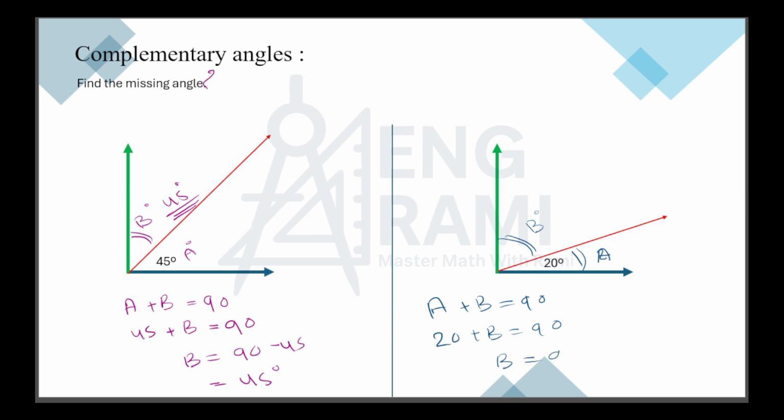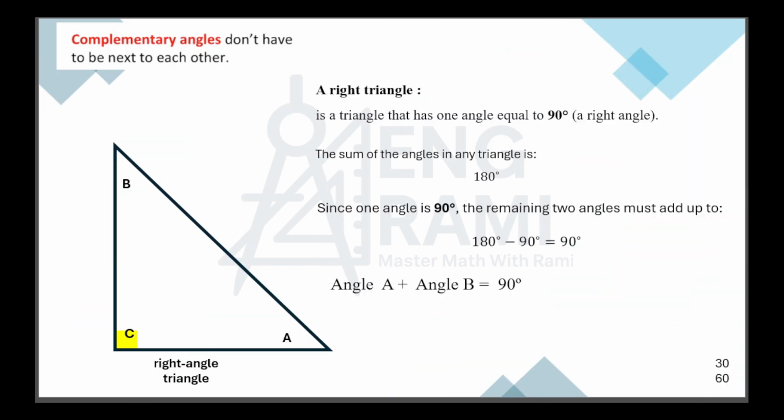B equals 90 minus 20. Just take this to the side. Then B measurement equals 70 degrees.